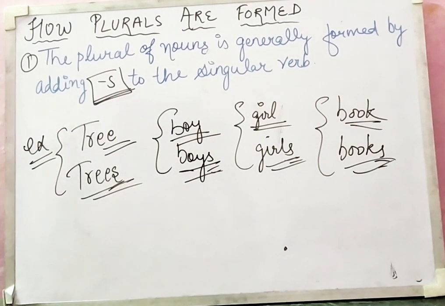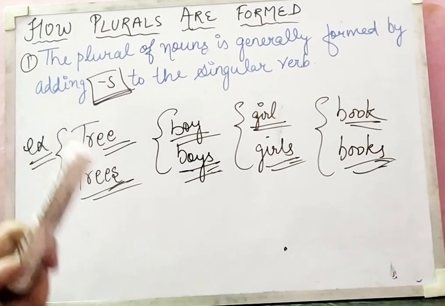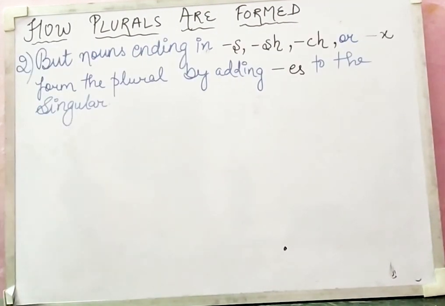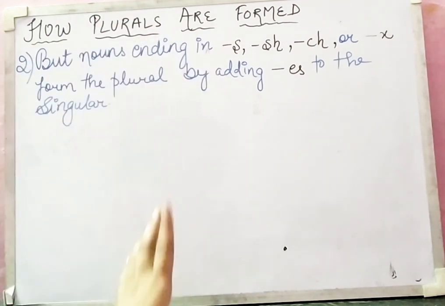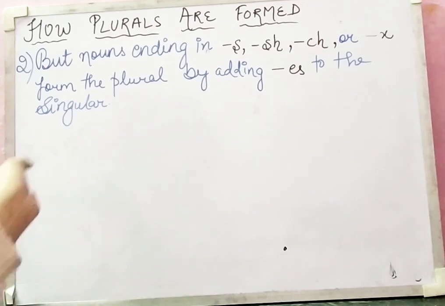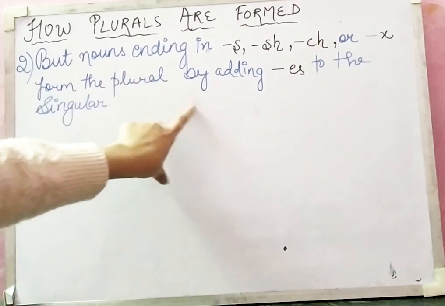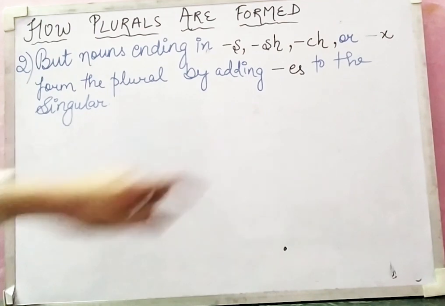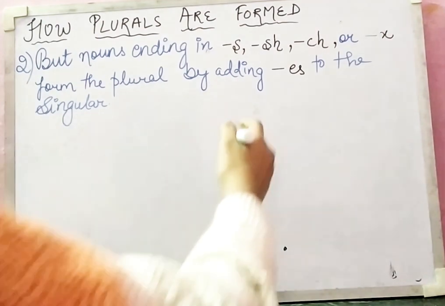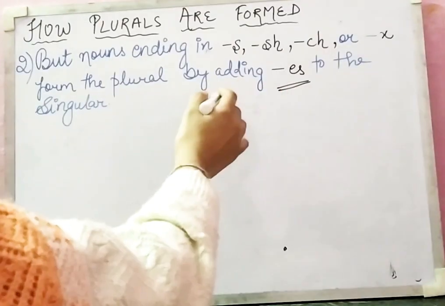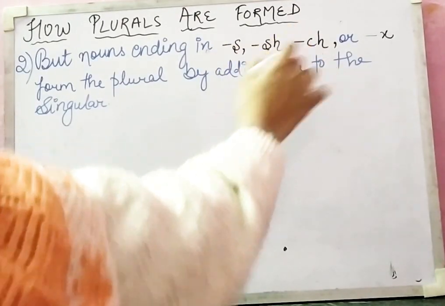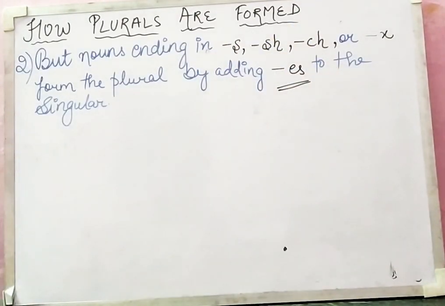Now we are going to do the second way. Nouns ending in s, sh, ch or x form the plural by adding es to the singular, meaning by adding es at the end of these nouns. You all know what a noun is; I have told you in many videos.